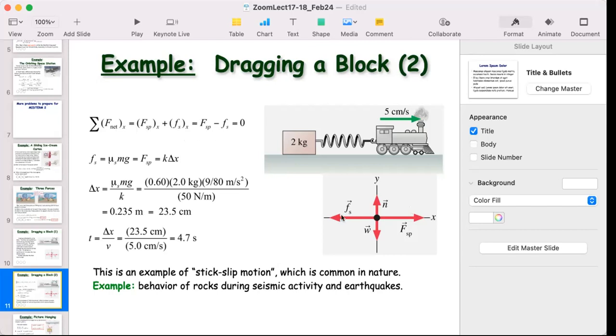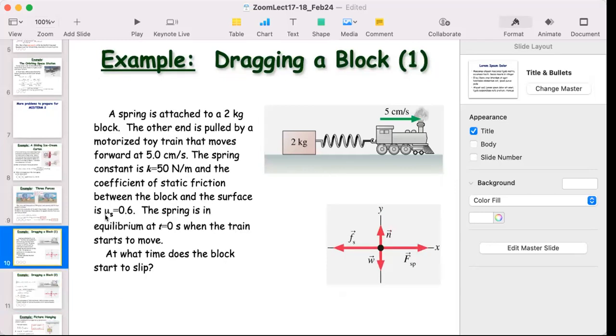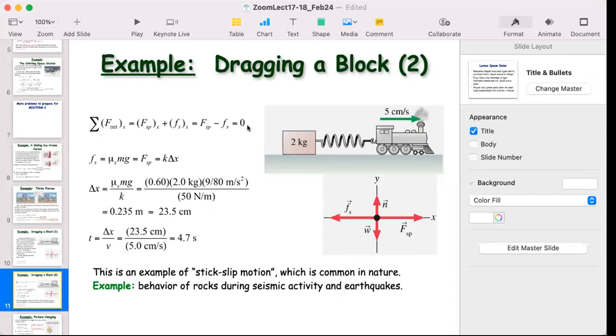Now, the force of the spring is positive because it's going in this direction, minus the force of the friction, which is going in the opposite direction. So this one is equal to 0. Why is it equal to 0? Because when it starts to slip, it means the steel is not moving, and we have static friction here. So this one is equal to MA, where A is equal to 0.